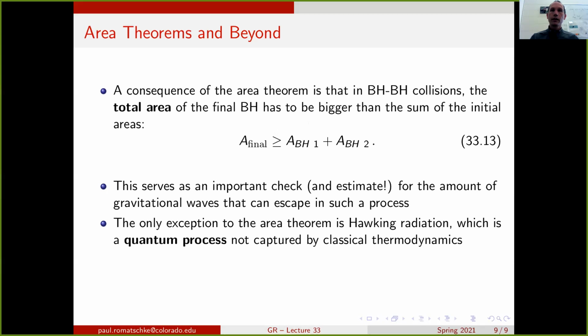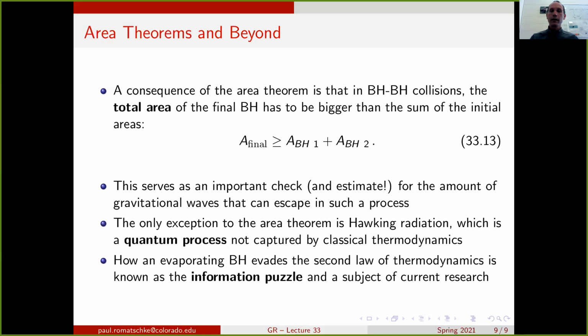Of course, the loophole to this argument is, again, that it is a classical statement. So there are quantum processes that can potentially violate the area theorems. An example of such a quantum process is indeed Hawking radiation. And how these things hang together, so how quantum black holes really evade the second law of thermodynamics, is something that's known as the information puzzle.